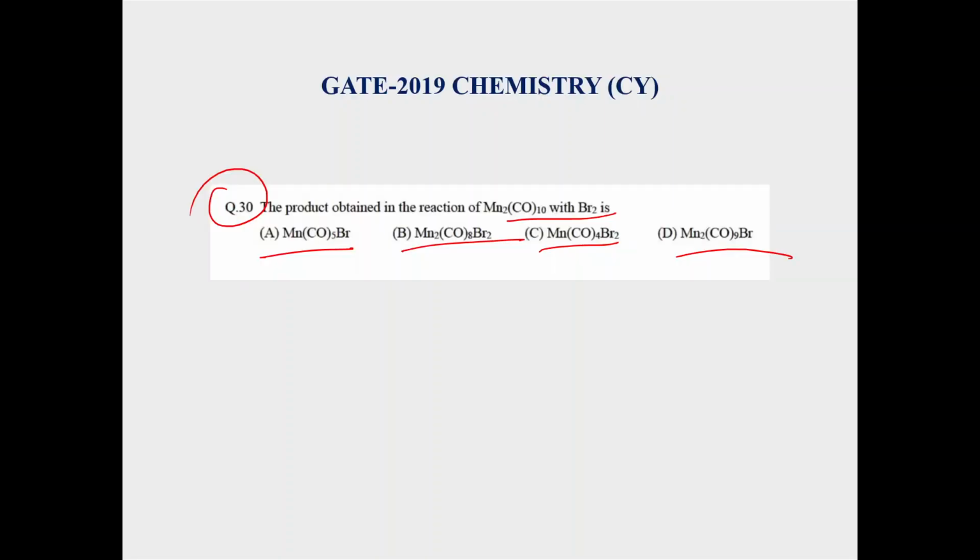This question is a very simple question from organometallics. What concept do we have to use? The 18 electron rule. Complexes having 18 electrons are stable. The reaction is between Mn2CO10 and Br2, and we need the product.